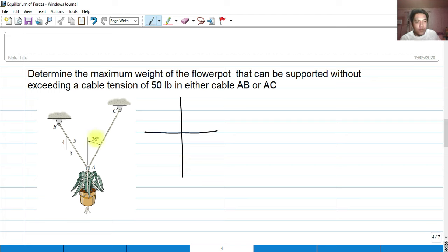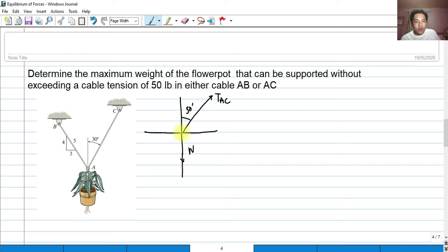Then first, at this very center A, our point of reference is A. So we have the weight of the flower pot going downward. Then we have a tension, T sub AC, with an angle with the vertical of 30 degrees.